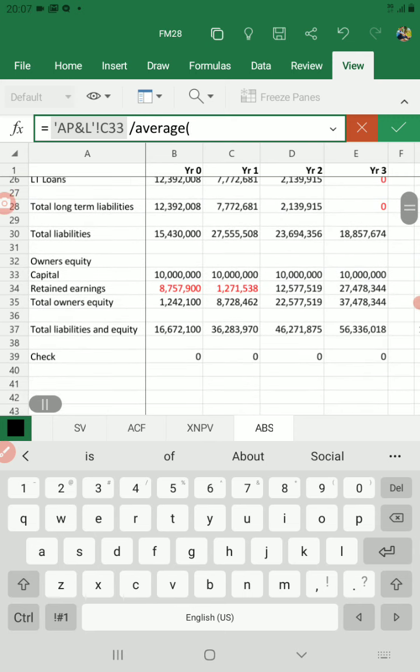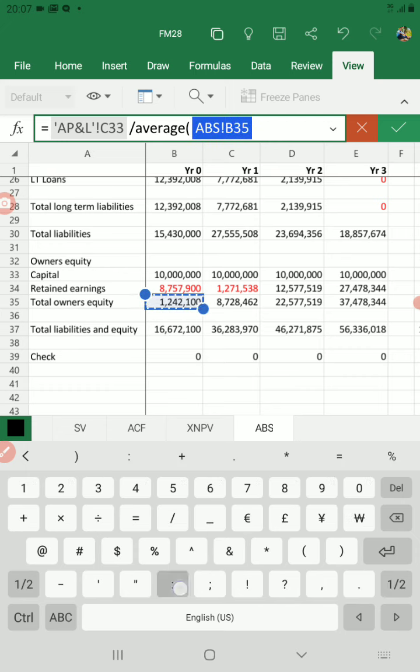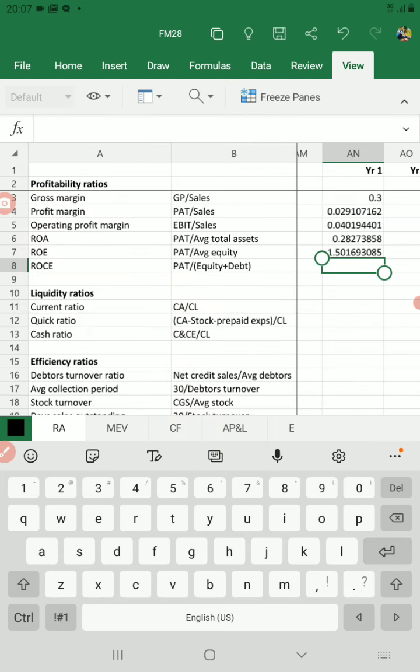So average we take for year 0, and then put full columns here, year 1, so the average there. Then close the parenthesis, close the brackets, press enter.